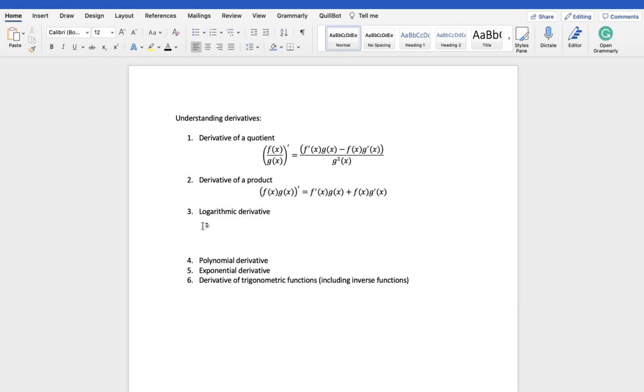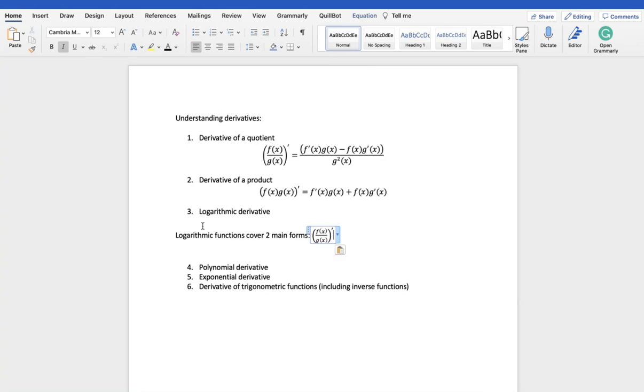And obviously, you remember that in most of the examples that you'll be looking at, logarithmic functions cover two main forms.